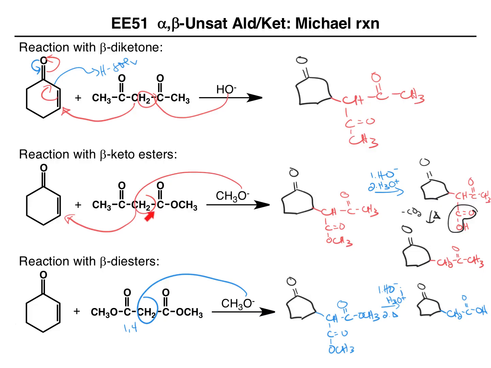If we're using a beta keto ester or a beta diester, then after the 1,4 addition occurs, it is possible to hydrolyze the ester, and then decarboxylate to get a compound that looks more like this. So there's a lot of flexibility. Not only are you making carbon-carbon bonds, you know where those carbon-carbon bonds are going to form, but you also have different handles that you can use for additional reactions.